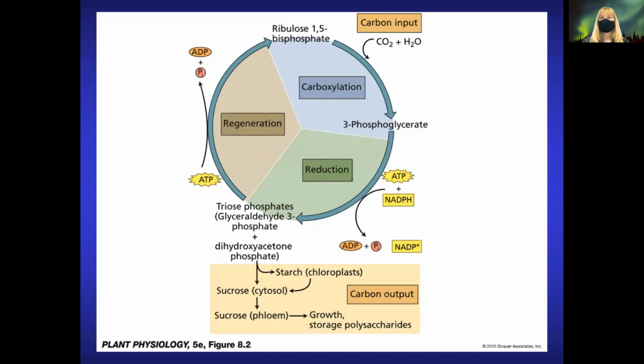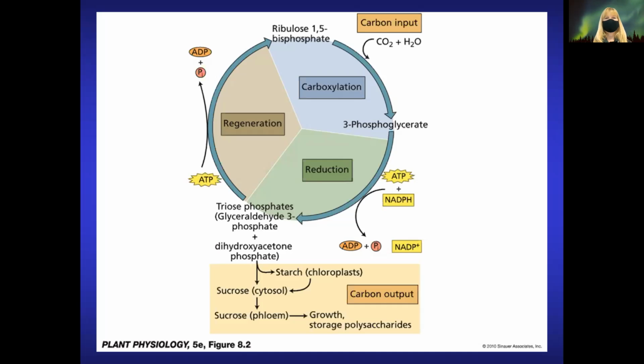We've gone over this. This is the big picture idea, the pie chart look at carbon fixation. So we have the carboxylation step where the CO2 is coming in and reacting with the acceptor molecule RuBP. And then we also have the reduction phase. By the time carboxylation is done, you end up with 2 molecules of PGA.